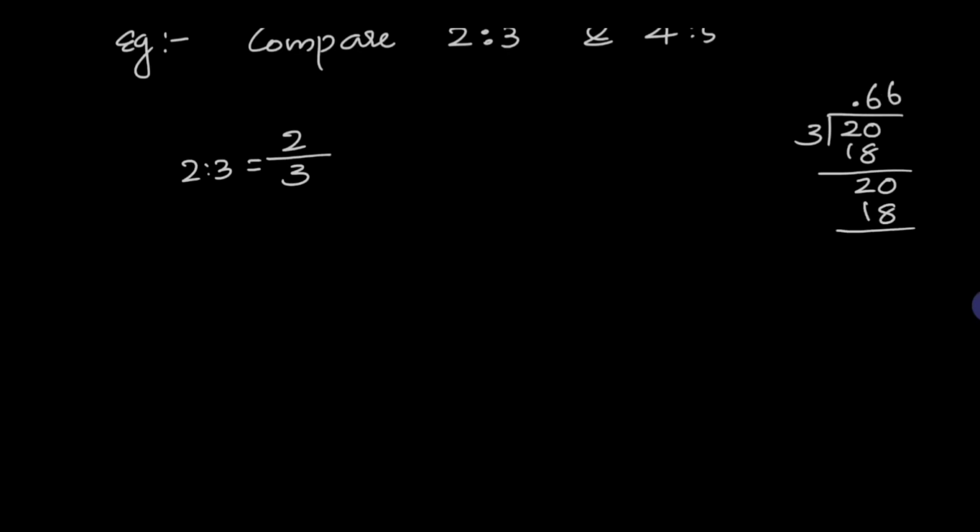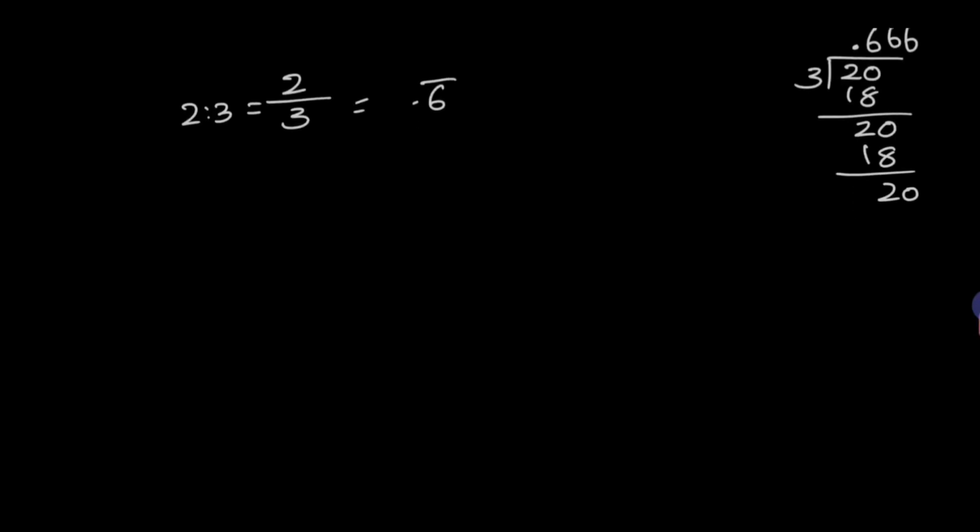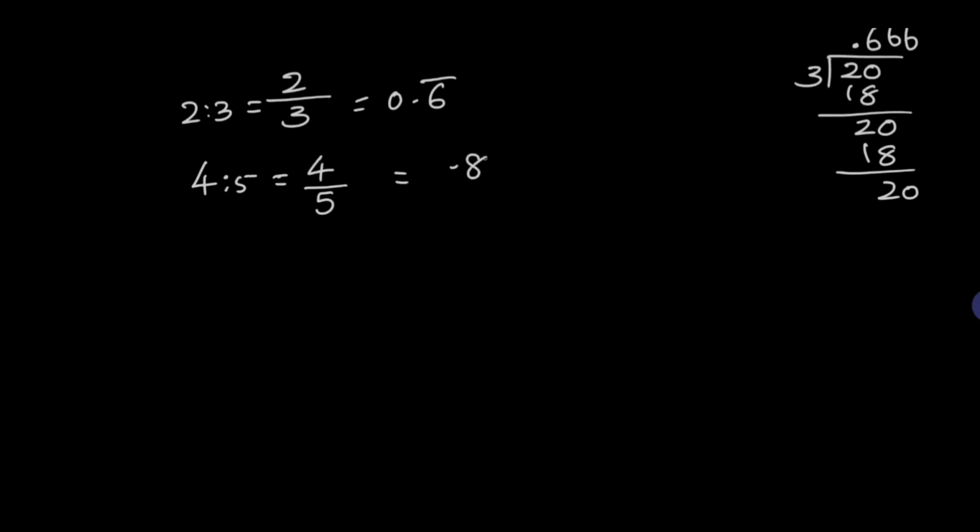Such a decimal can be written with a bar, which we have explained already in our rational numbers topic. So 2:3 equals 0.6 bar, and 4:5 is nothing but 4/5, which is equal to 0.8.